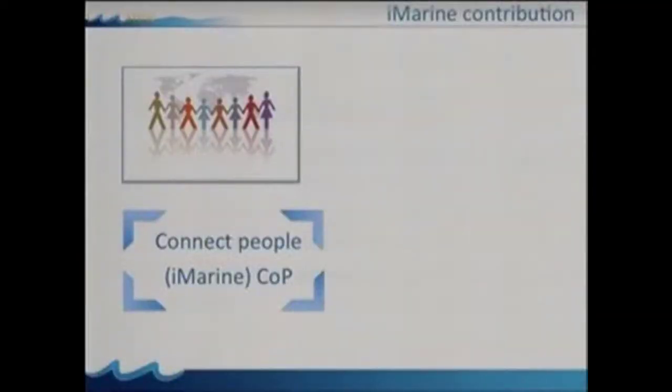So what we actually have tried to do in iMarine is to offer something to address these issues, these challenges. And actually, the contribution is double, I think, because first of all, we have started connecting people. So people from different domains in the context of iMarine have started working together.